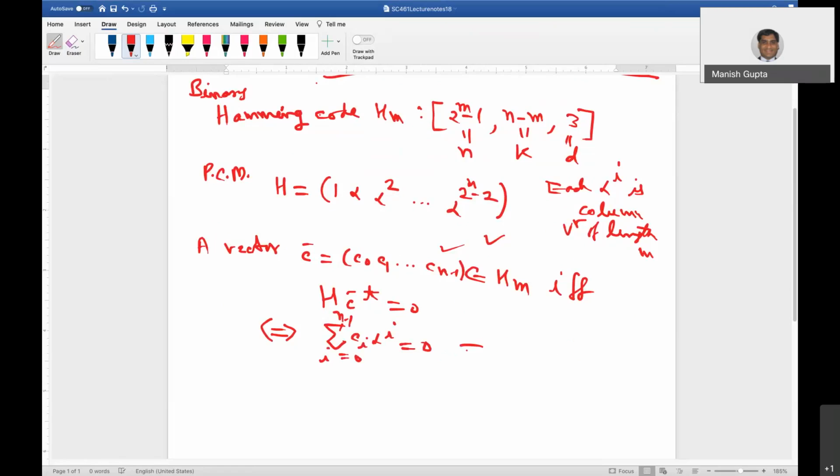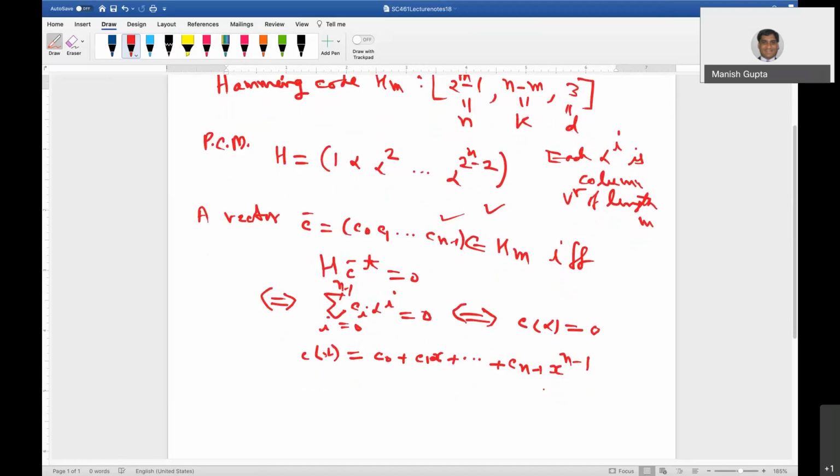And this means, if and only if, c of alpha is equal to 0, where c(x) is the corresponding cyclic code polynomial, basically c0 plus c1 x up to cn minus 1 x raised to power n minus 1. This was the interesting observation, right?